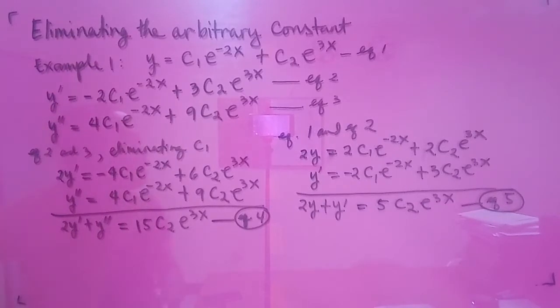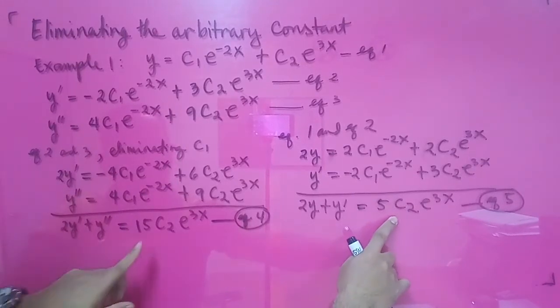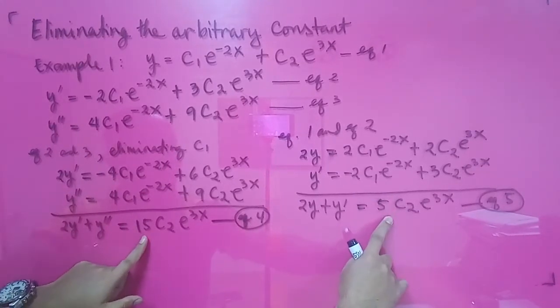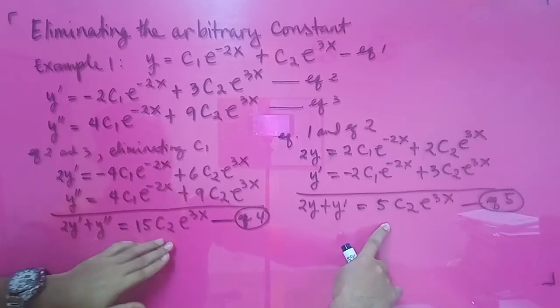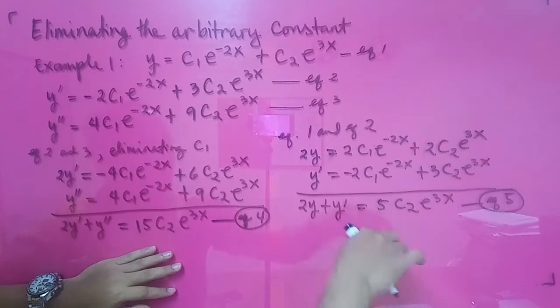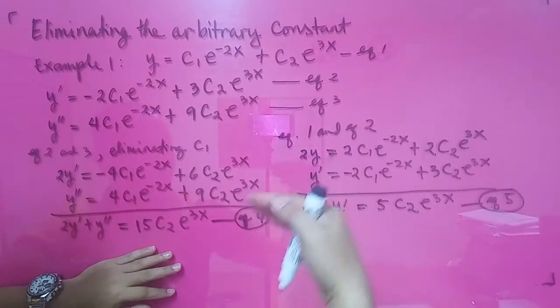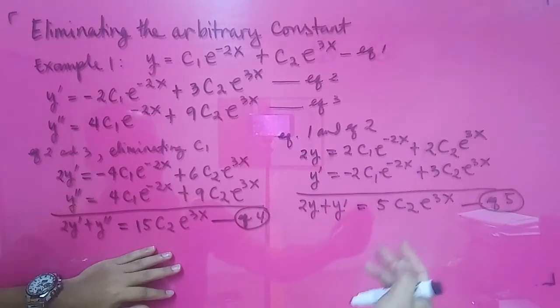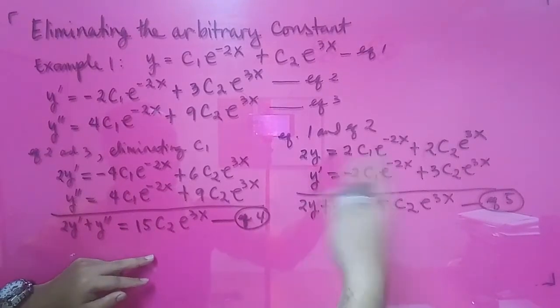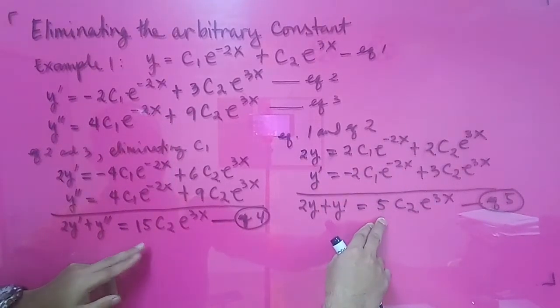Combining equation 4 and 5, we want to eliminate c sub 2. This is 15, this is 5. Therefore, to eliminate c sub 2, we have to multiply this one by 3 or negative 3. If you use positive 3, then you have to subtract. If you use negative 3, then you have to add.